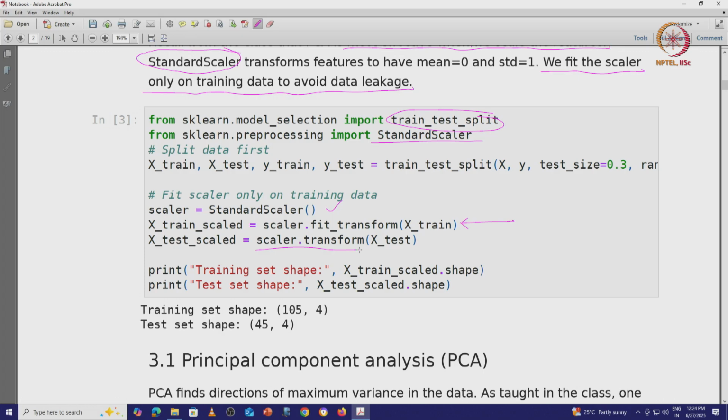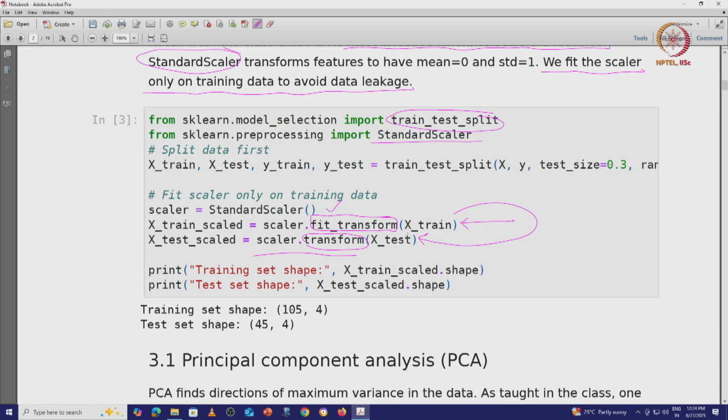So you can see the difference in the commands here. Here we are using fit_transform. That means you use the training data set to figure out how to make the mean 0 and the standard deviation 1, and this one is simply transform, it's not fit or transform. So here what you do is you use the transformations which were derived in the previous command and apply those to the test data set.